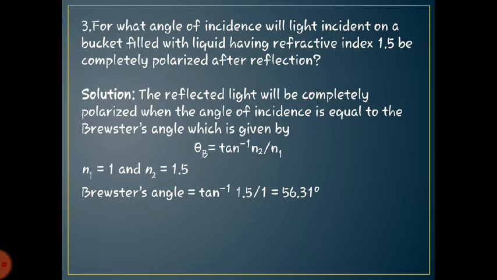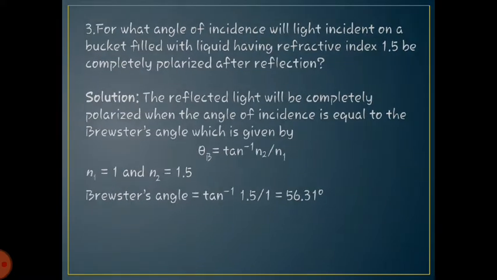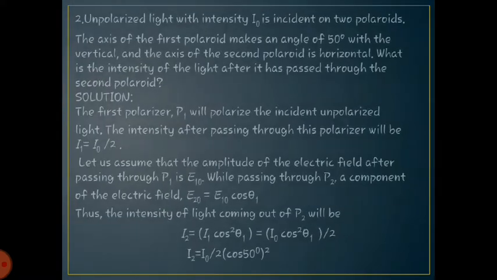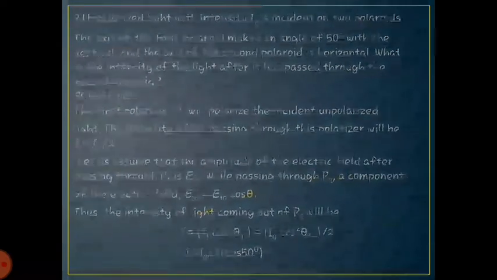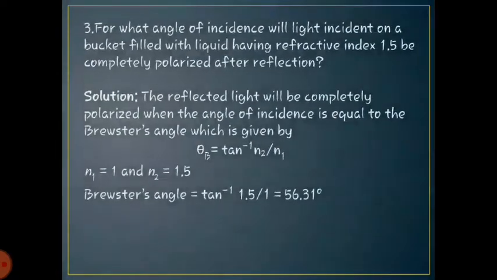For what angle of incidence will light incident on a bucket filled with liquid having refractive index 1.5 be completely polarized after reflection? Now you have to understand the numerical first, and only then will you come to know how exactly to solve it.